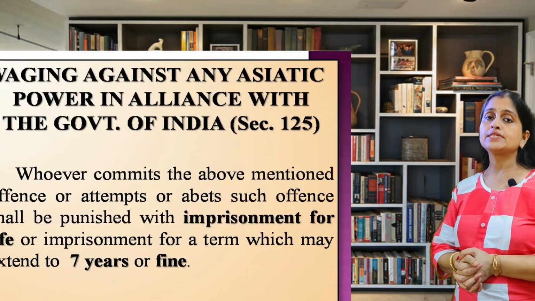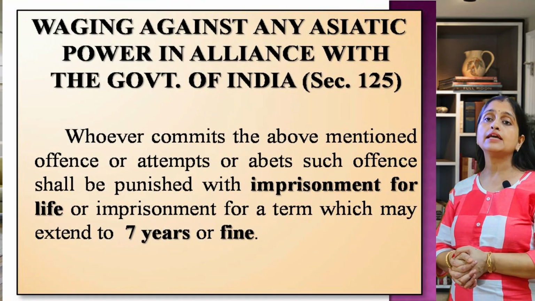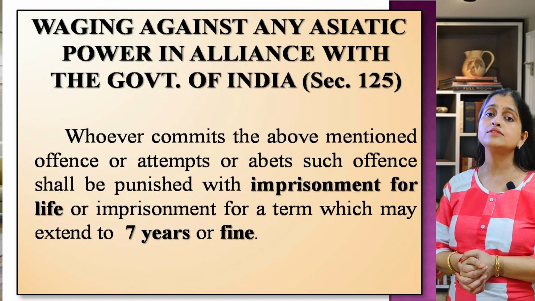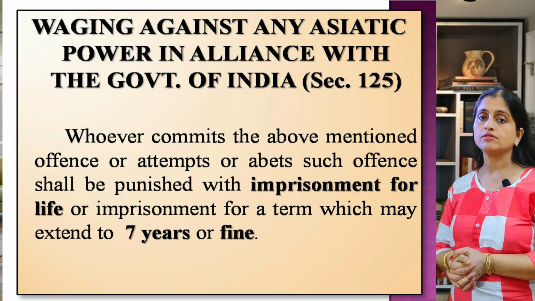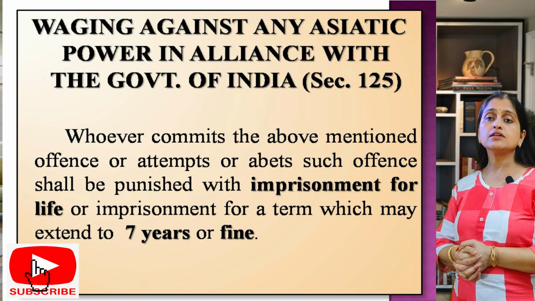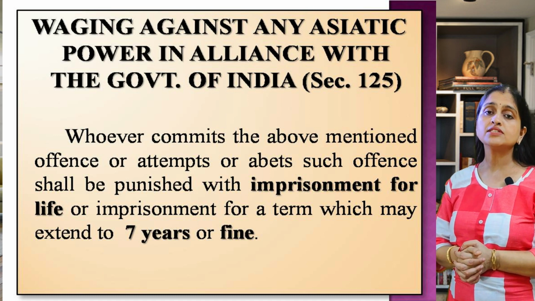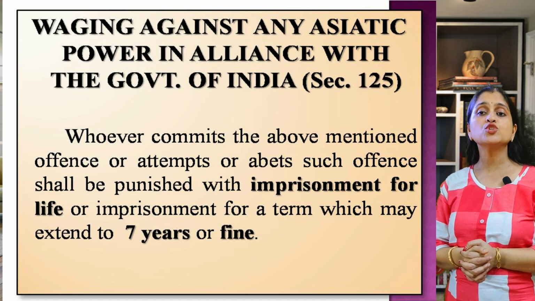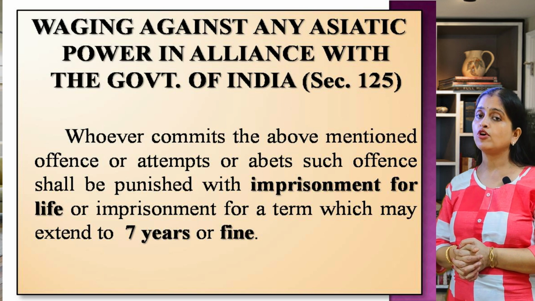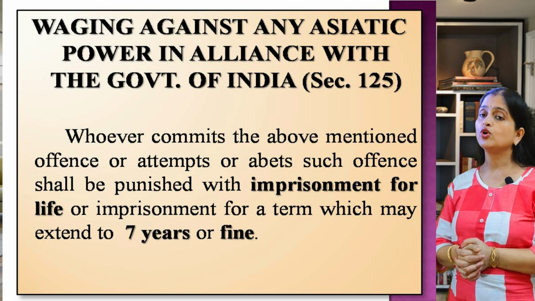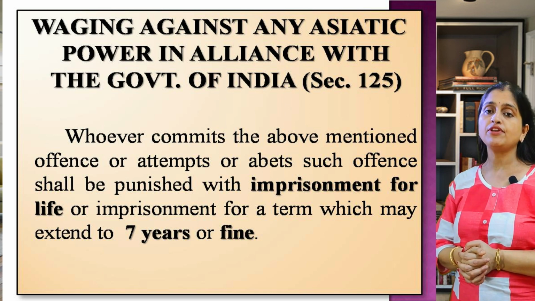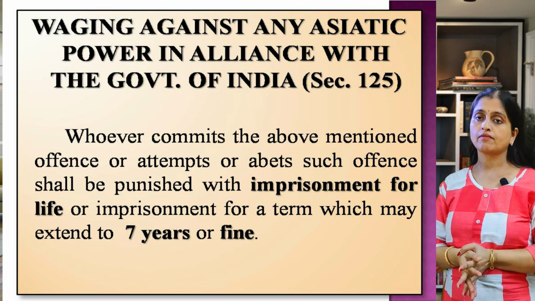Section 125 says waging war against any Asiatic power in alliance with the government of India. Whoever commits the above mentioned offence or attempts or abets such offence shall be punished with imprisonment for life or imprisonment for a term which may extend to 7 years or fine.